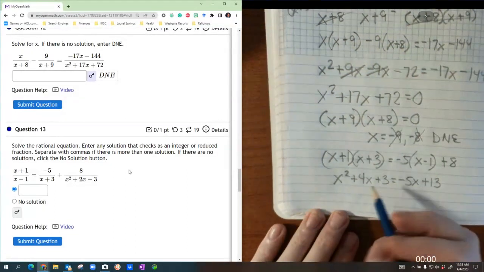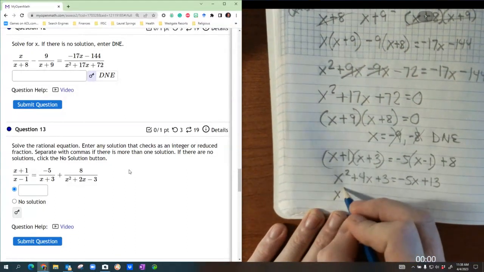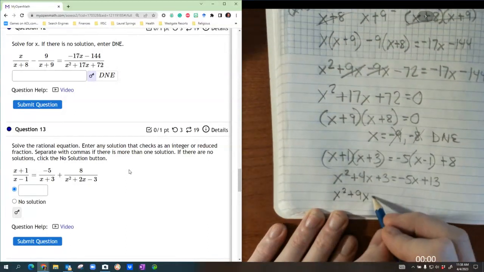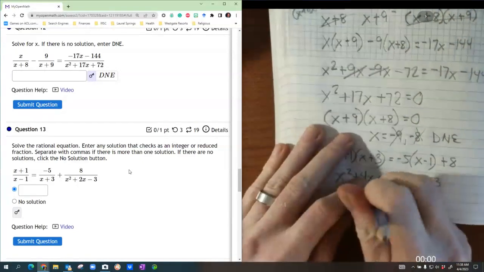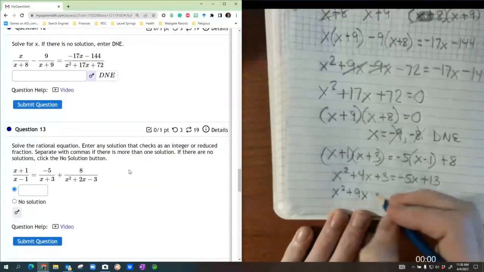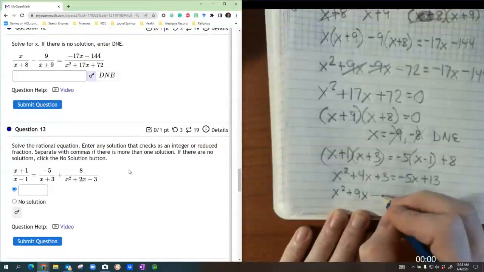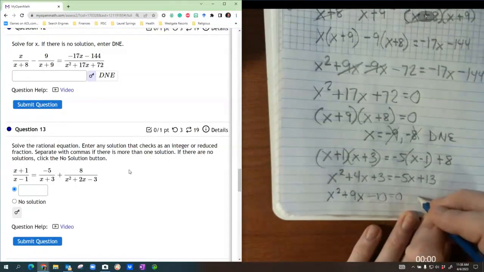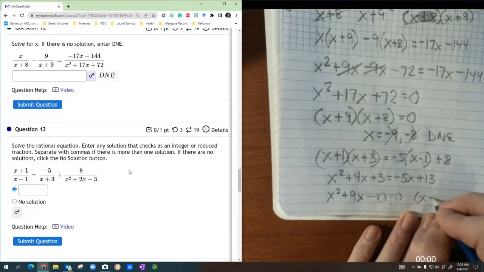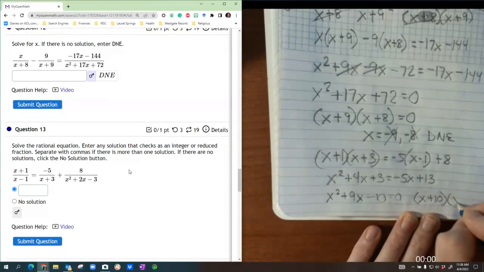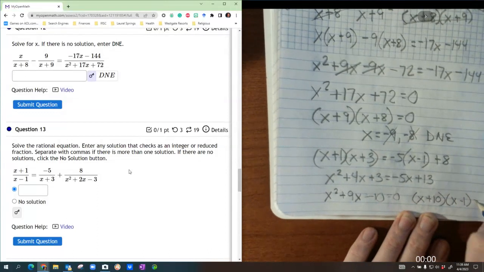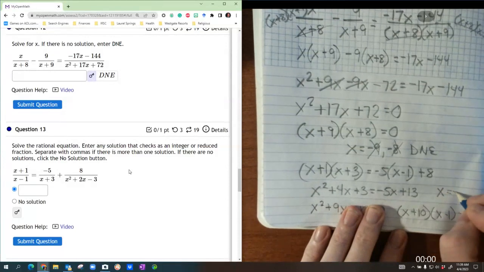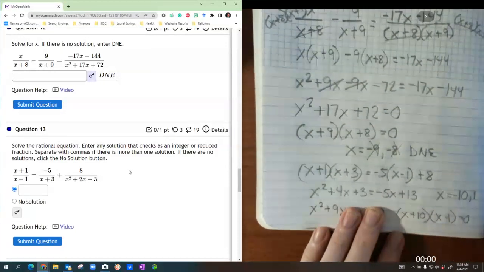Now let's bring everything over to the left side, and then factor this out. This is going to be x plus 10, x minus 1. So my two answers are x equals negative 10 and positive 1.